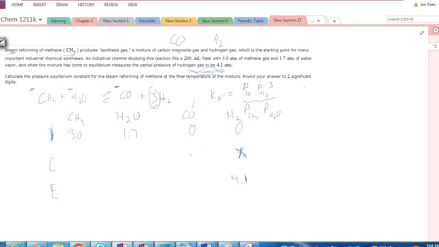So the change here in the CO is we're going to add 1/3 X based on the stoichiometry.